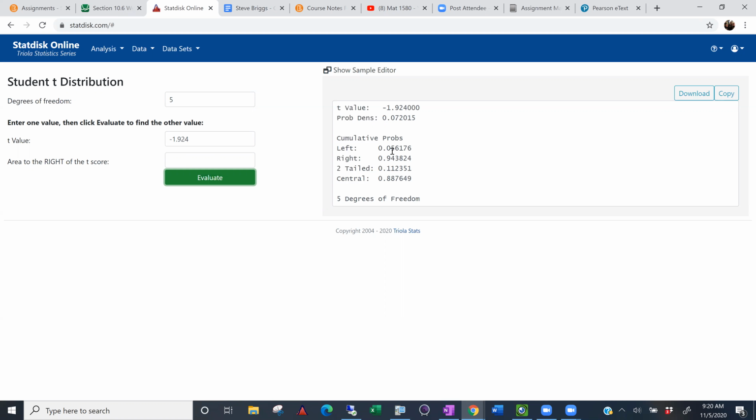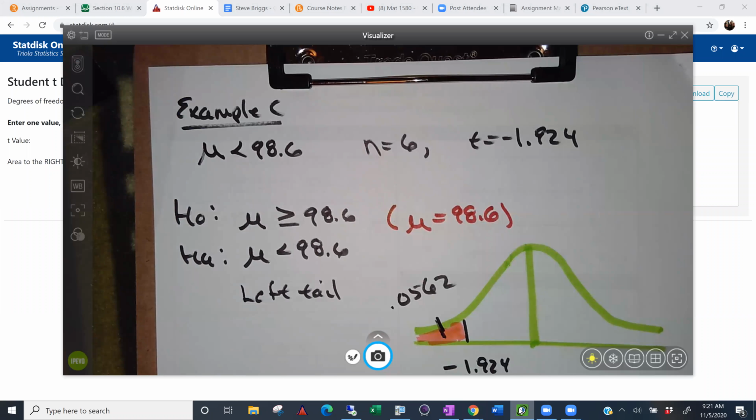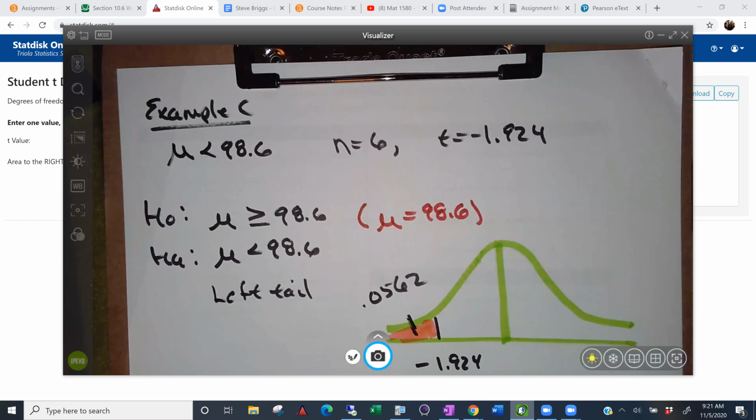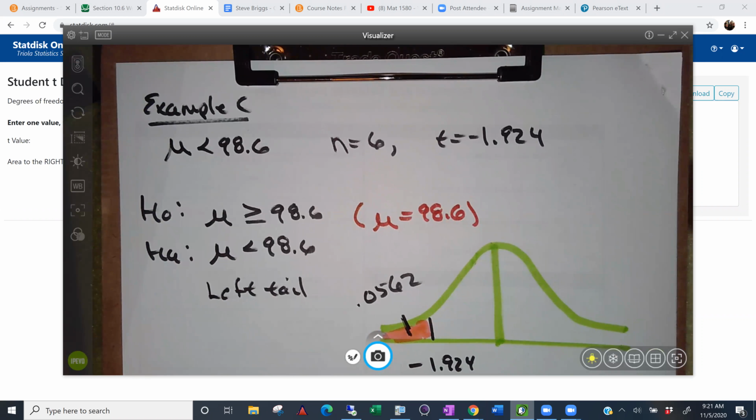Bigger than I might have guessed, but still reasonable. 0.0562, we'll call it, rounding it off to the 4th digit. Nice. Okay, so are we comfortable with the p-values? And it's also been a good review of setting up our null and alternative hypothesis here.